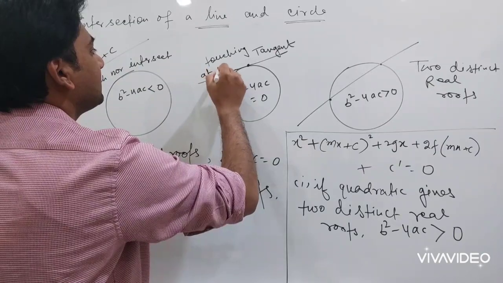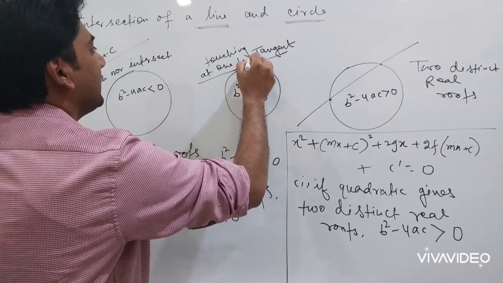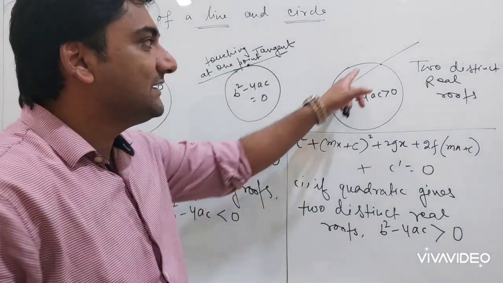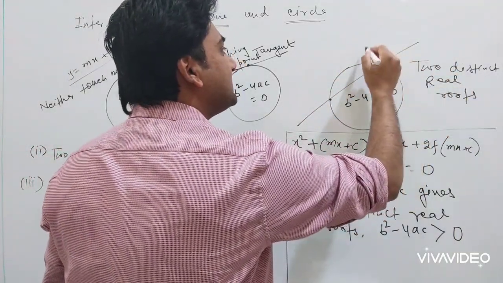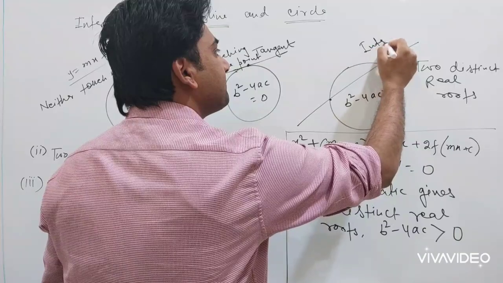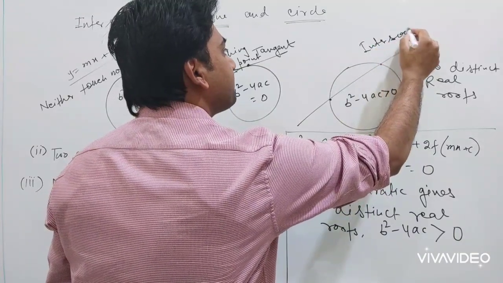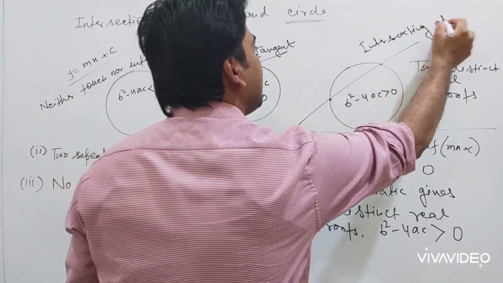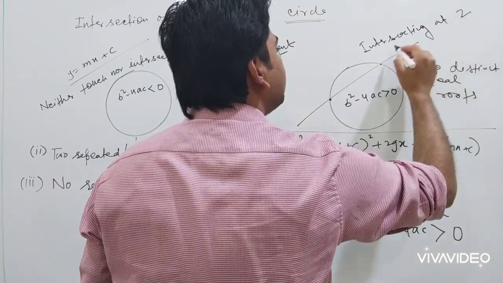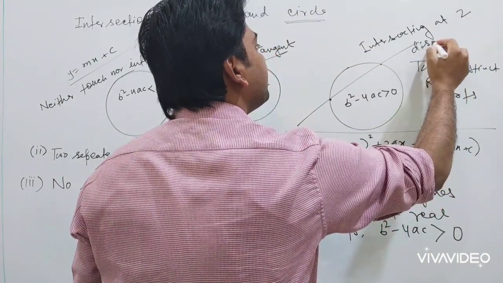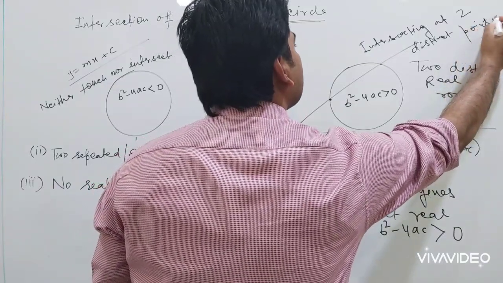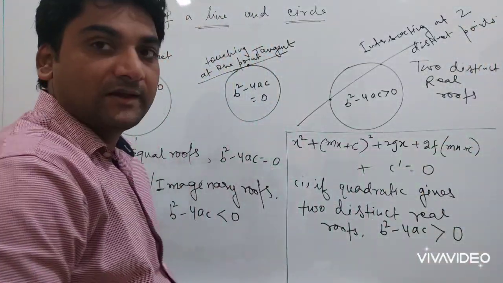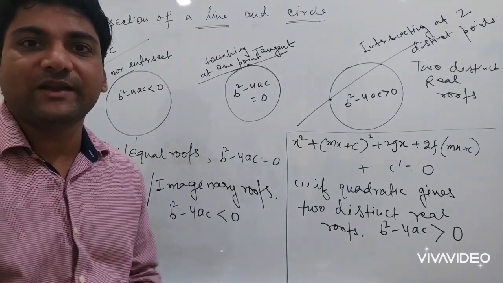And here, two distinct real roots means intersecting at two distinct points. Okay. So right now I have just explained the theory.